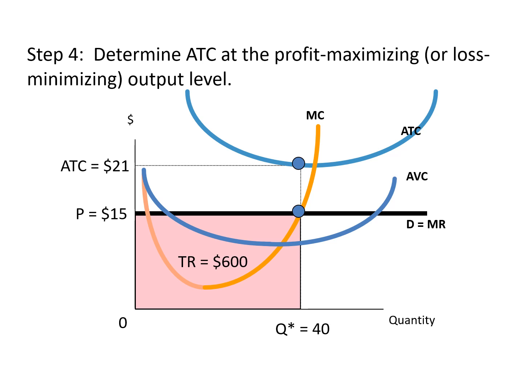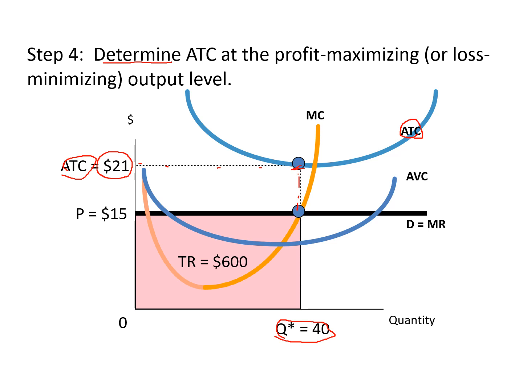Next, determine the total costs by finding the average total cost, which is where this quantity of 40 units intersects with the average total cost curve. So where this line here intersects with the average total cost curve is at an average total cost of $21 in this example.